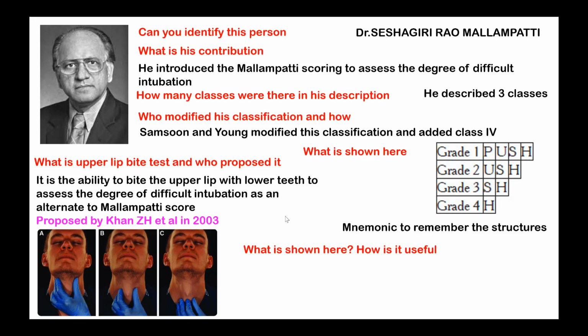What is shown here and how is it useful? This is called the laryngeal handshake, described by Dr. Richard Levitan. Okay. So here first they hold the hyoid bone with the thumb and the index finger.